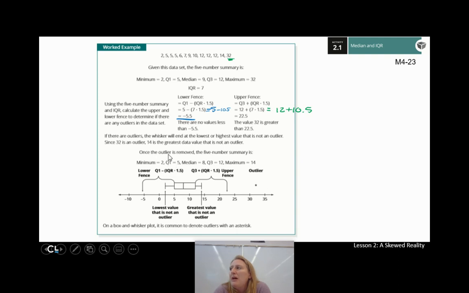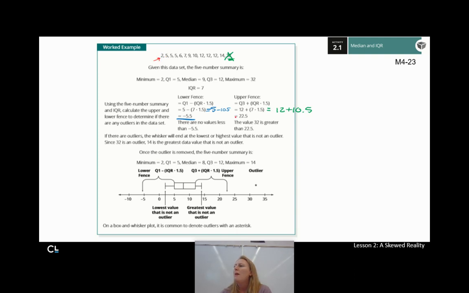The other thing to keep in mind is once your outlier is removed, it may very well change your 5-number summary. I'm going to show you what I mean. So let's say we take out 32, and it gets a little star. But this now changes parts of my 5-number summary. My minimum is still 2, right?